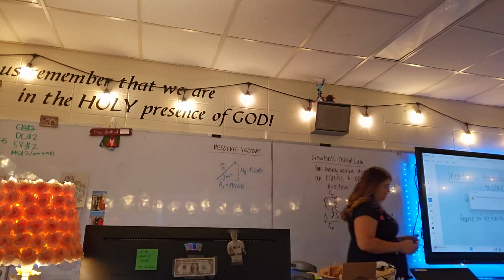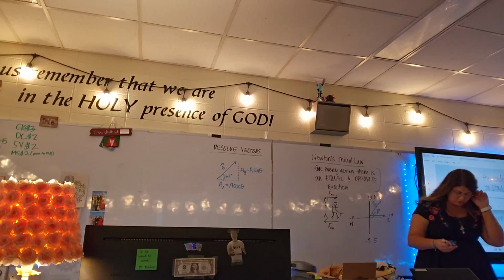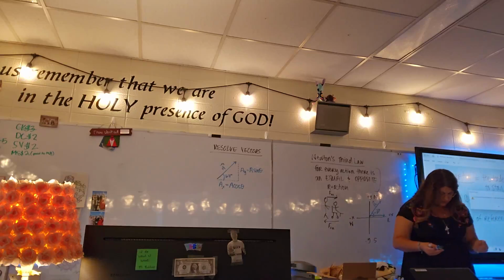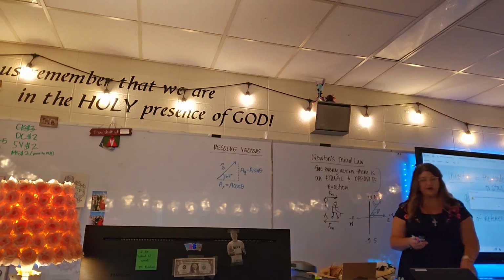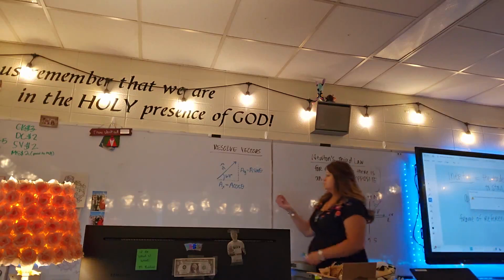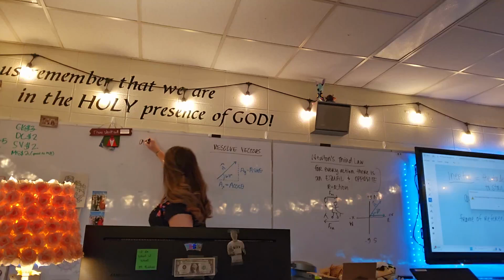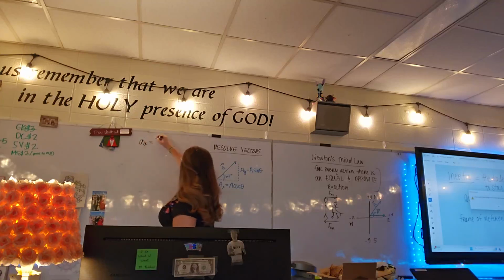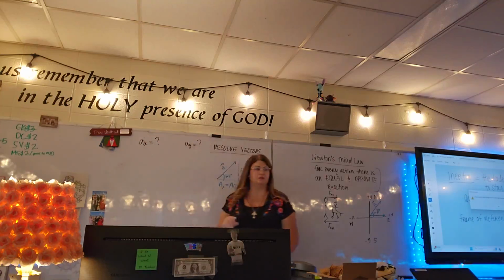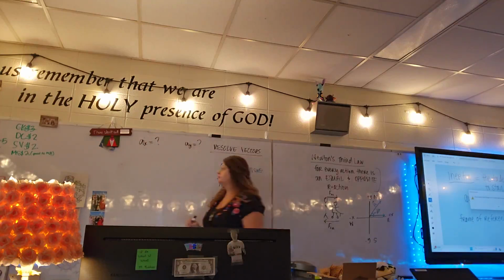All right, so now that I have this information down here, I want to read my question again. What does it say? Ignoring any resistance from the water, find the x and y components of the raft's acceleration. So we need ax equals question mark and ay equals question mark. All right, how do we do that?